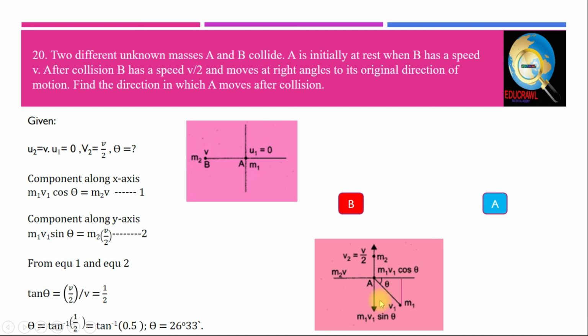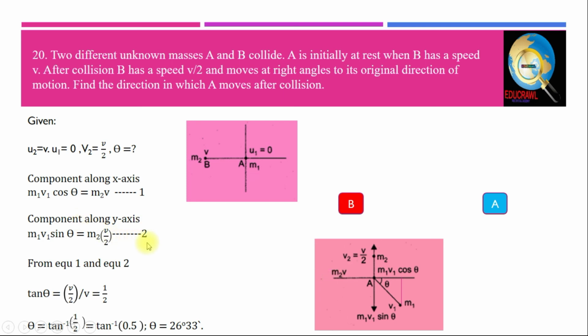When these components of velocity are multiplied by m, we get the horizontal momentum as m1 v1 cos theta and the vertical momentum as m1 v1 sin theta. Here we are comparing the momentum along the x-axis and along the y-axis. Along the x-axis, m1 v1 cos theta is equal to m2 v.